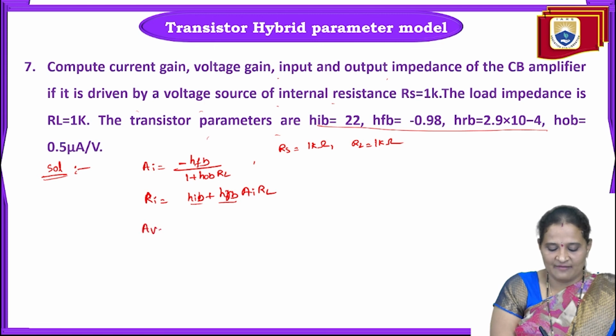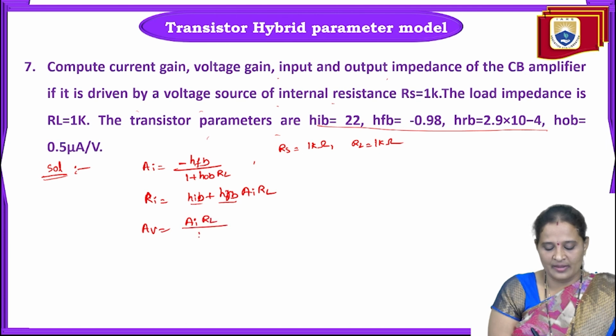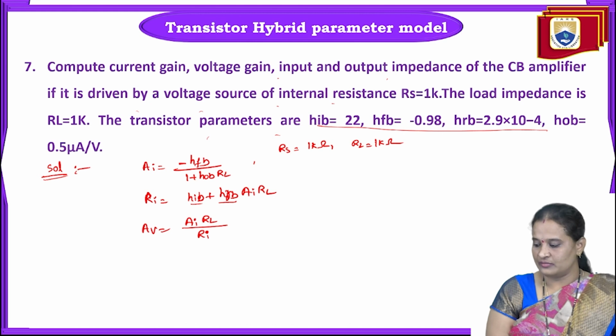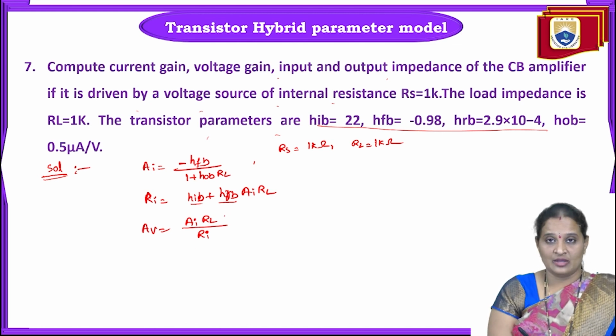And similarly AV: as we have calculated AI here, use that AI into RL divided by RI. From this you will be calculating AI, RL you know, and RI you will be calculating from this. Substitute and find out AV.